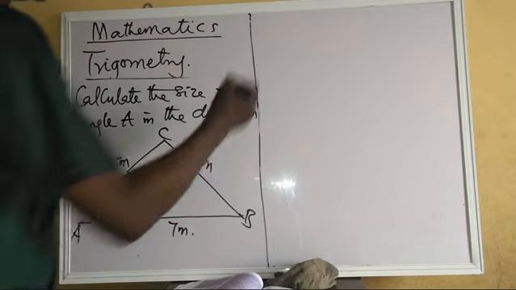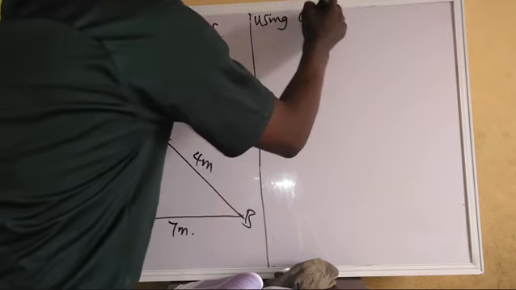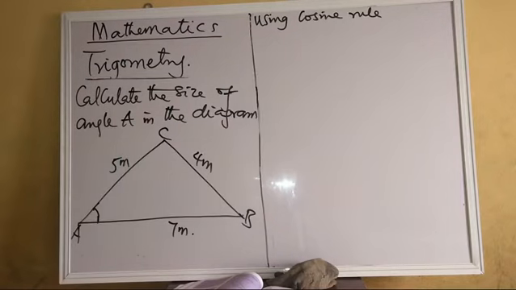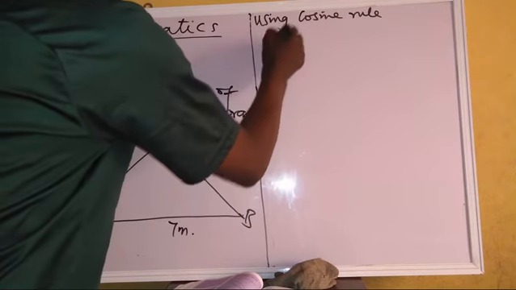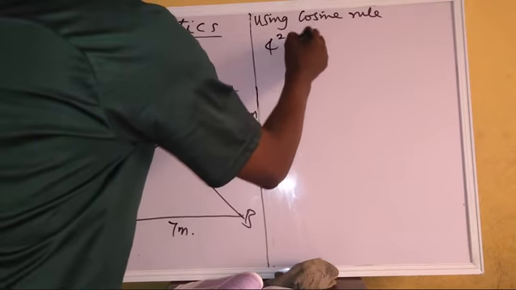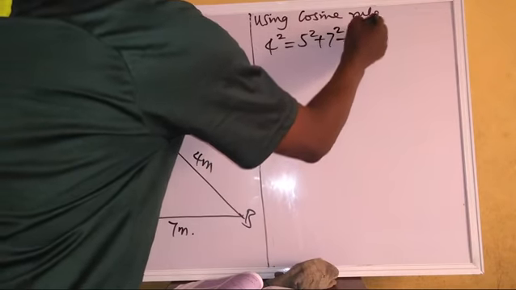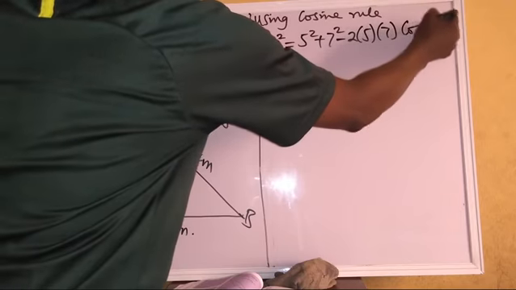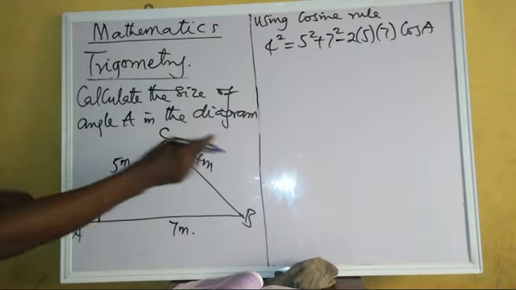Based on the formula, using cosine rule, it means 4 squared will be equal to 5 squared plus 7 squared minus 2 multiplied by 5 multiplied by 7 cos A, because side A is what we started with.